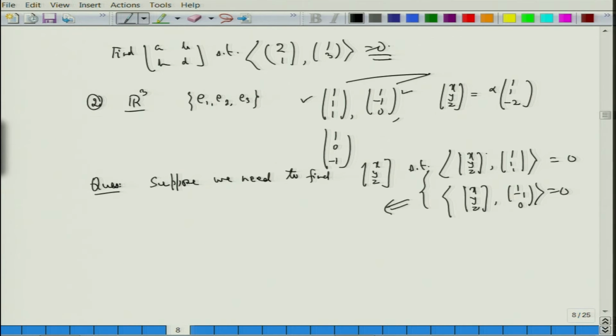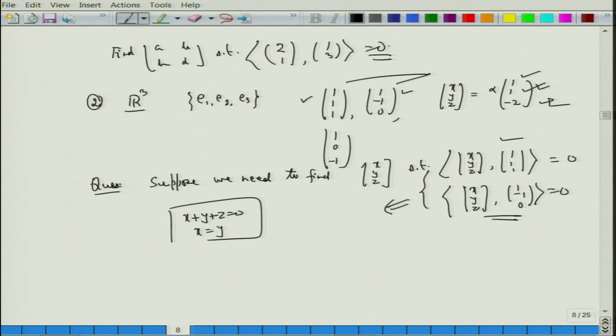So the first condition tells me that x plus y plus z is 0. The second condition tells me that x is equal to y. All right. So now I can solve it to see that x is equal to y here, and once x is equal to y, z is equal to -2x. So this is what I get here. Fine. And there's infinite number of solutions and things like that. We'll come to that afterwards again. So I would like you to keep track of that.